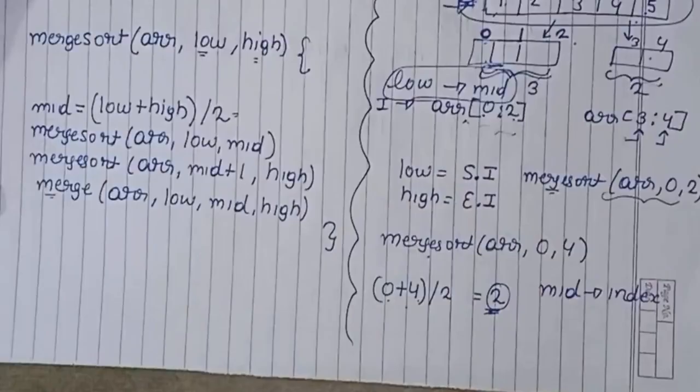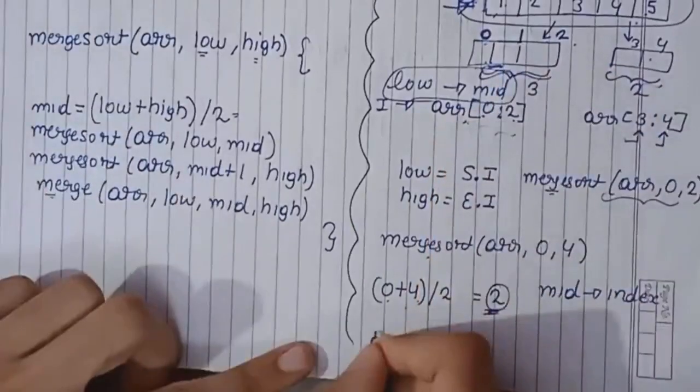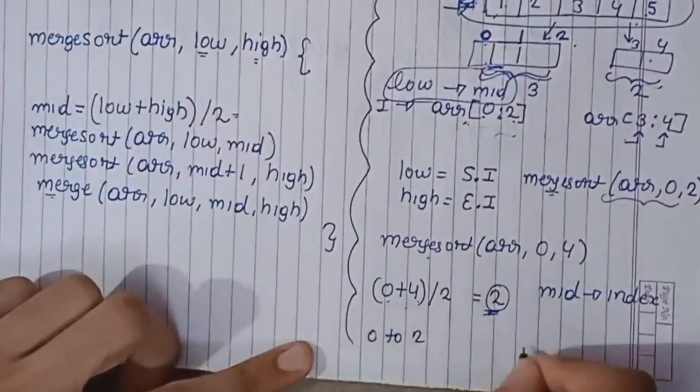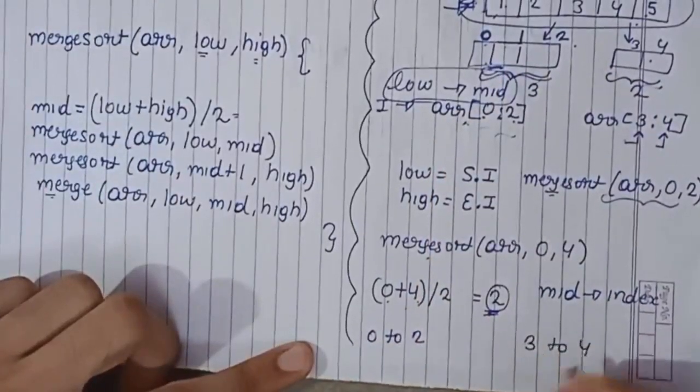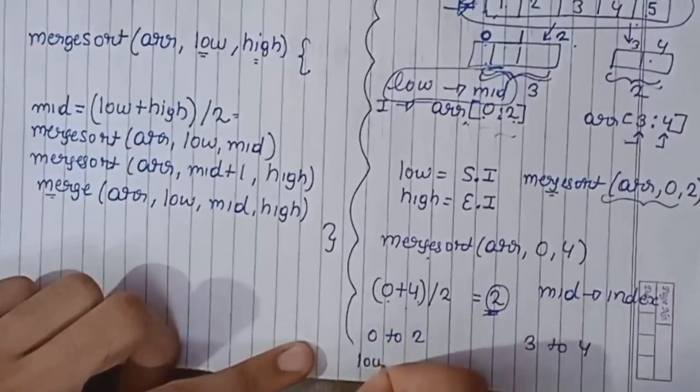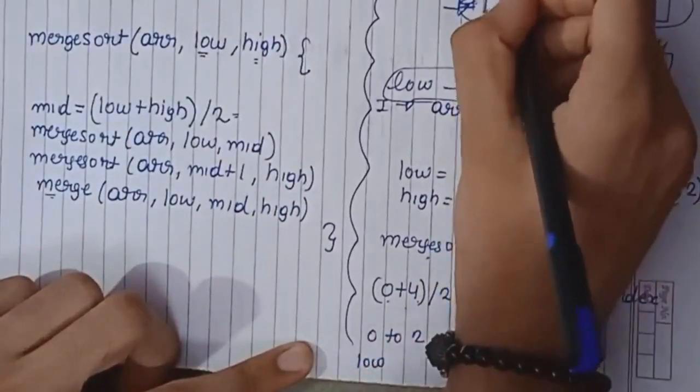So now you can note that the first array was from 0 to 2 and the second array was from 3 to 4. Here low is 0 because low is the starting point of the array.